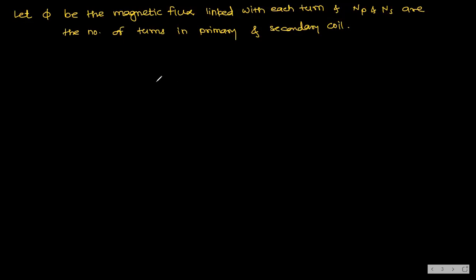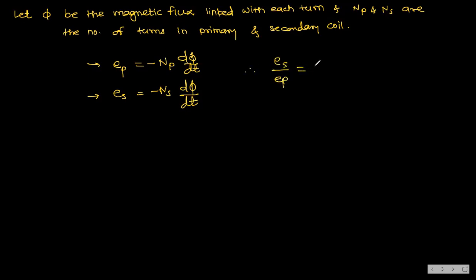Then induced EMF in primary coil is equal to minus NP into d phi by dt. Similarly, ES is equal to minus NS into d phi by dt, and therefore ES by EP is equal to NS by NP. Call this equation number 1.